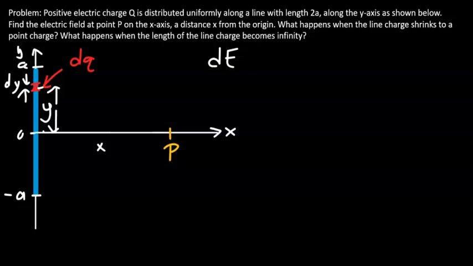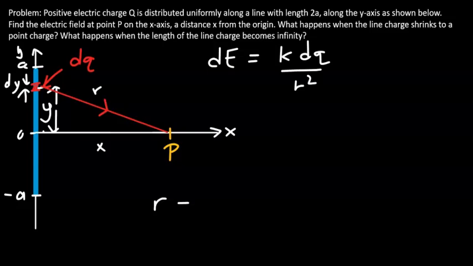First, we address the electric field created by such an element at point P. What is it? The direction of the electric field created by such a tiny element at point P is simply given by that arrow, because it's a positive charge. The magnitude of that electric field is given by the familiar expression that we have seen before, the constant k times the charge dq over that distance squared.